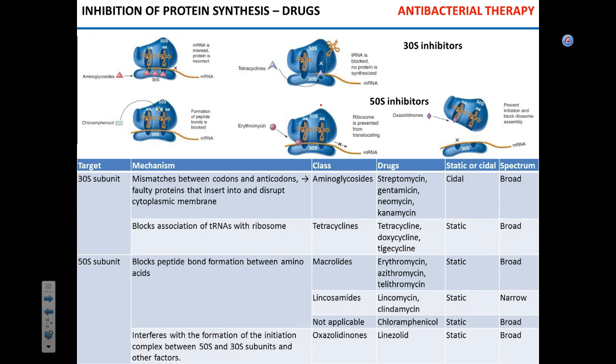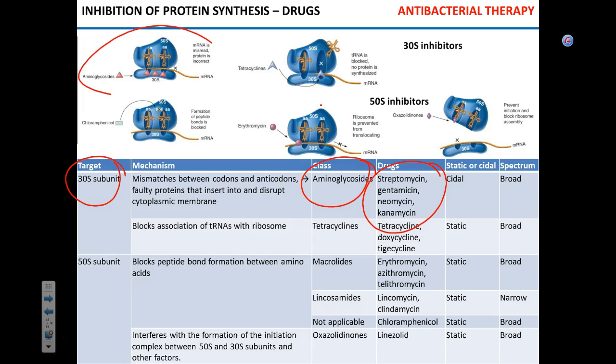So this is the overview of major classes of drugs that inhibit protein synthesis. First we're going to talk about the inhibitors of the 30S subunit of the bacterial ribosome. Aminoglycosides, such as streptomycin, gentamicin, neomycin, kanamycin, bind to the bacterial ribosome.